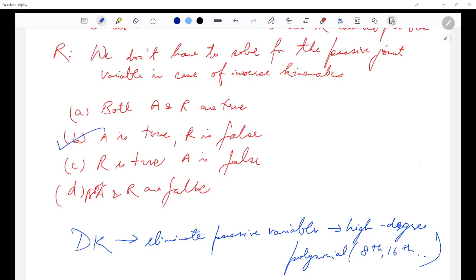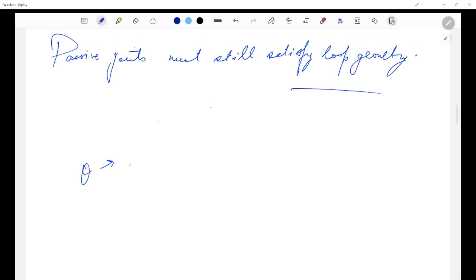Why is direct kinematics harder? Because in direct kinematics, we are given the thetas, only the actuated ones and not the passive ones. This is very important. We are supposed to find phi, which is passive, and these are coupled non-linear constraints.